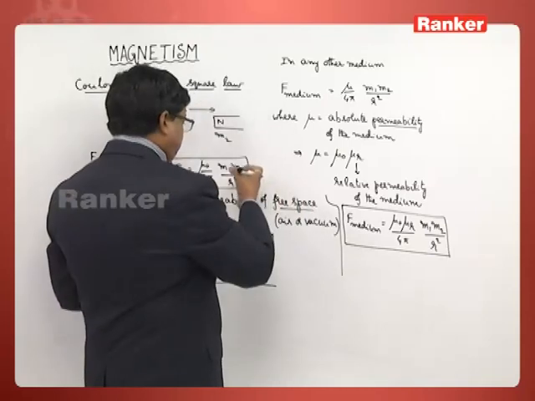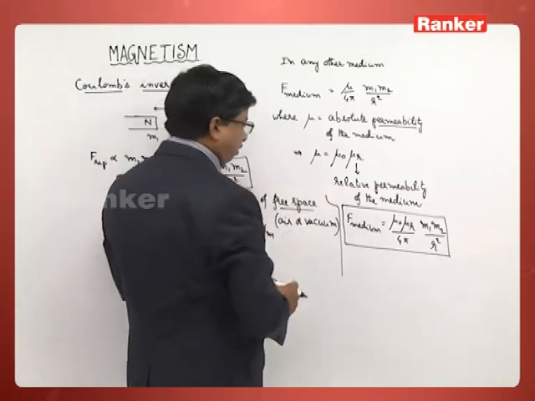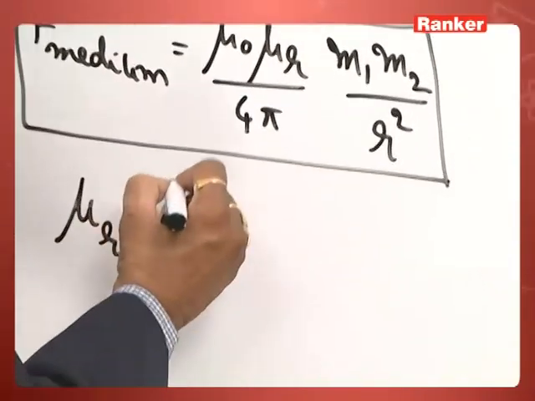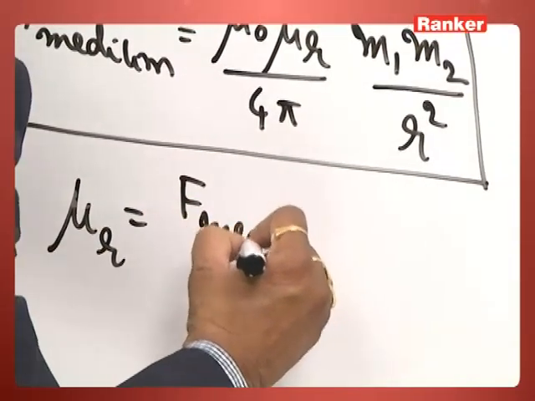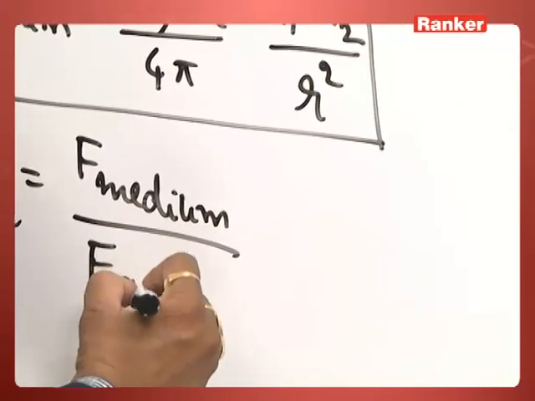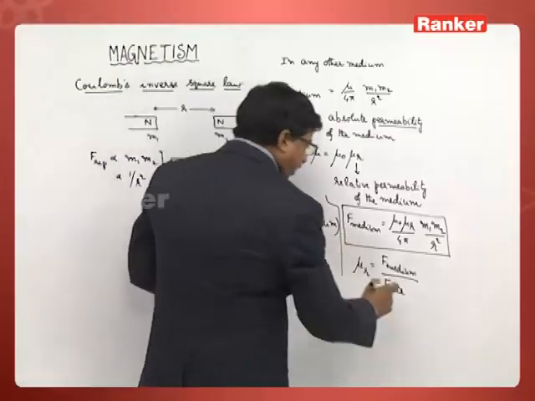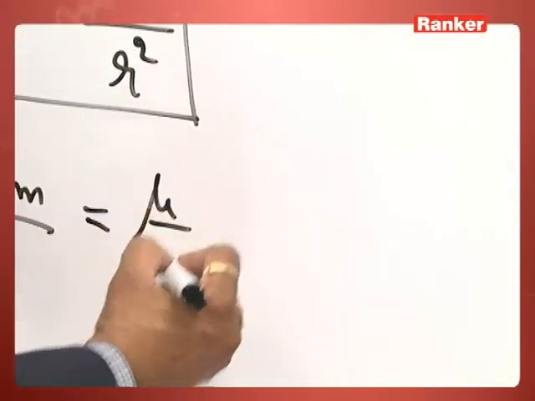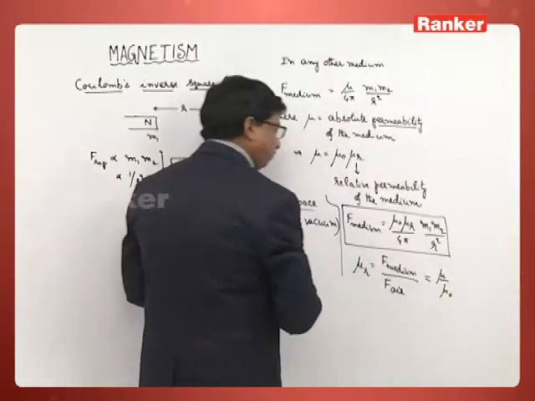From this equation and this equation, mu r can be written as F medium divided by F air. You can even write the same from this one as well: it is mu by mu naught.